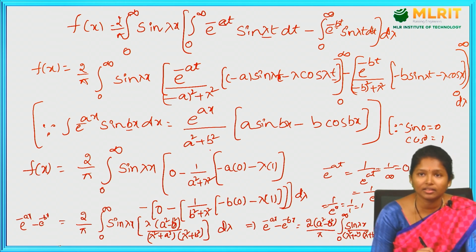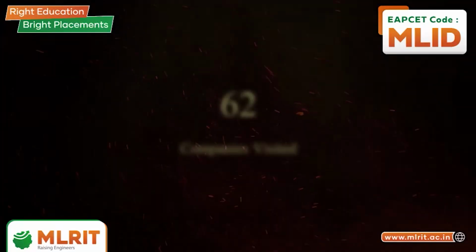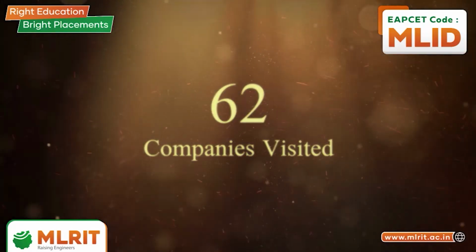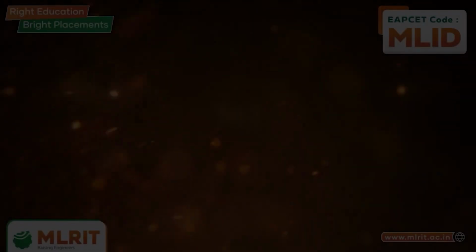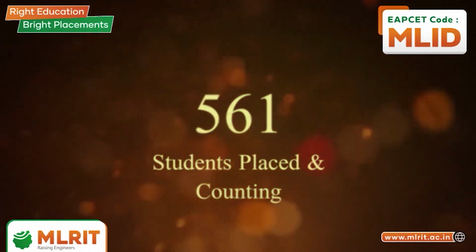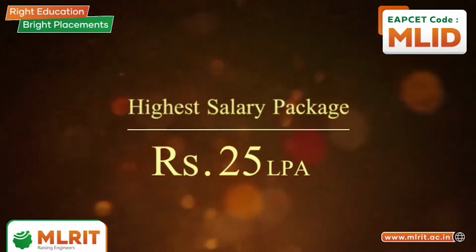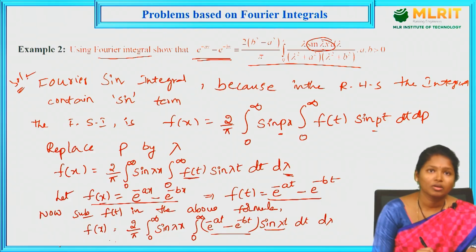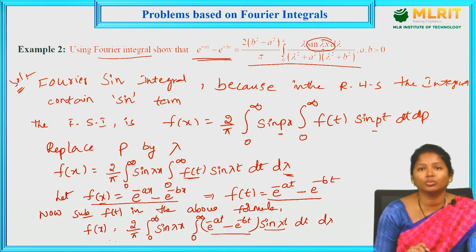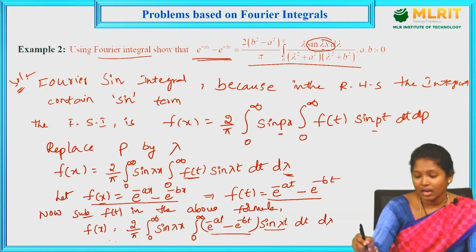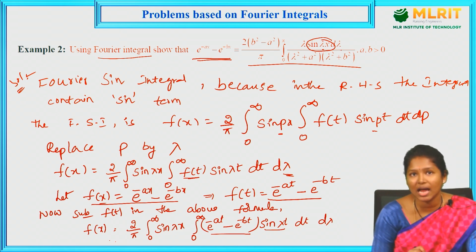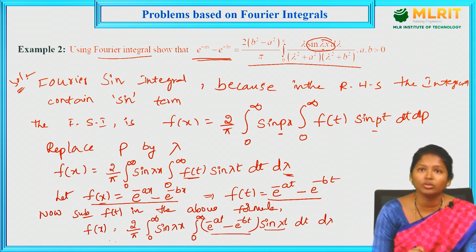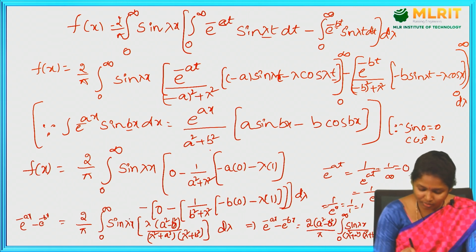This is the result they have given, right? So 2 into b square minus a square by pi, lambda into sin lambda x d lambda, by lambda square plus a square into lambda square plus b square. That only we get, right?